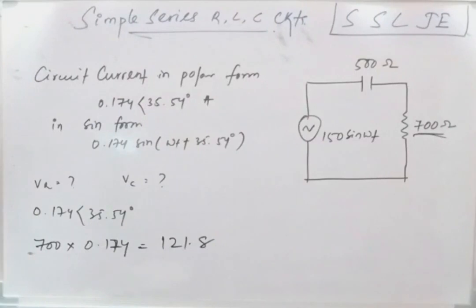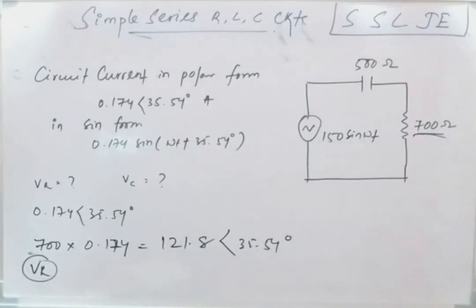Okay, and the phase will remain the same because it is a resistor, and resistors have no effect on phase angles. So the phase will remain the same, 35.54 degree. Okay, this is VR.